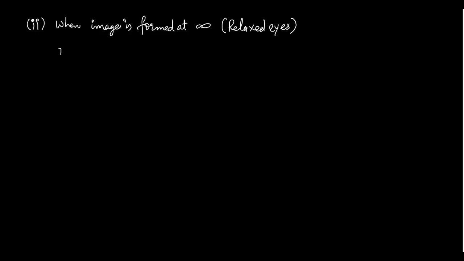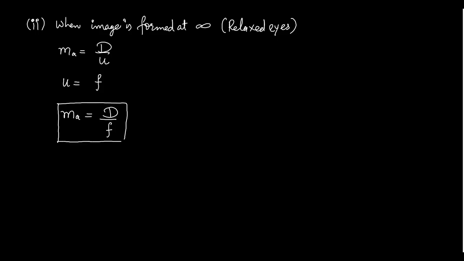So we know the angular magnification is d upon u, and as we know, if the image is formed at infinity, definitely the object is kept at focus. So angular magnification in this case will be d by f. So we will use this formula for the relaxed eyes when the image is formed at infinity.